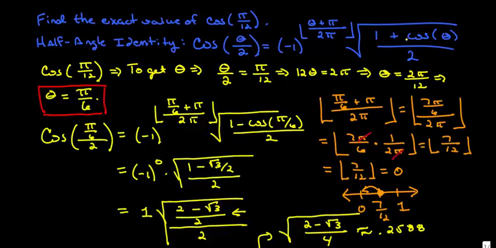So this should be 1 plus the cosine of half the angle, or double, I guess, of double the angle. Oh, I see.